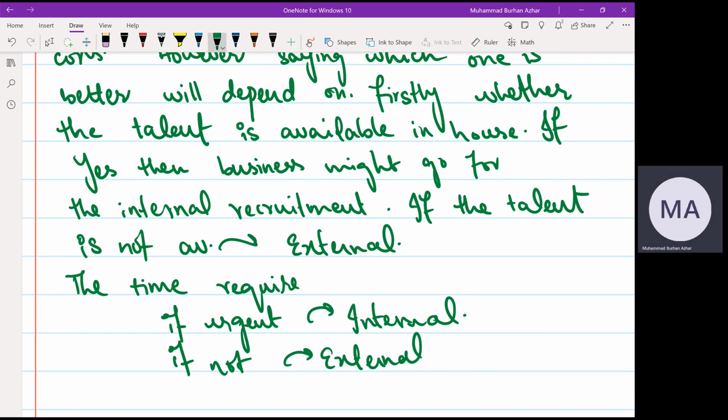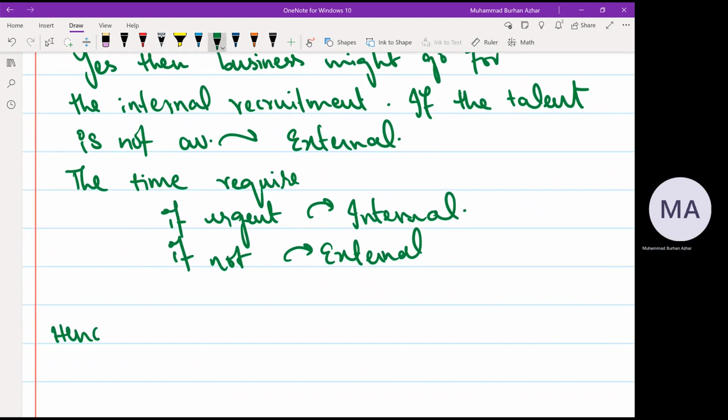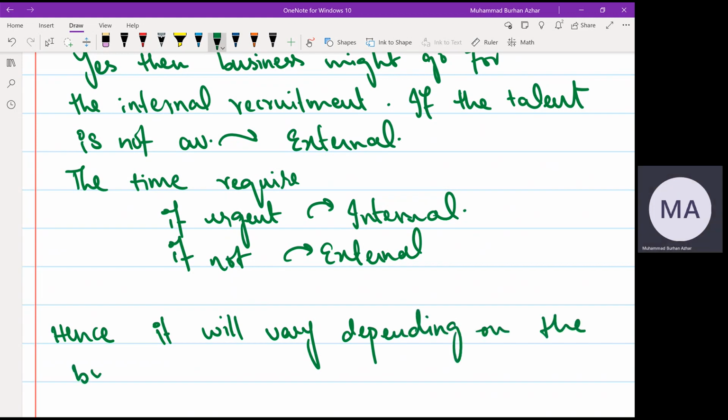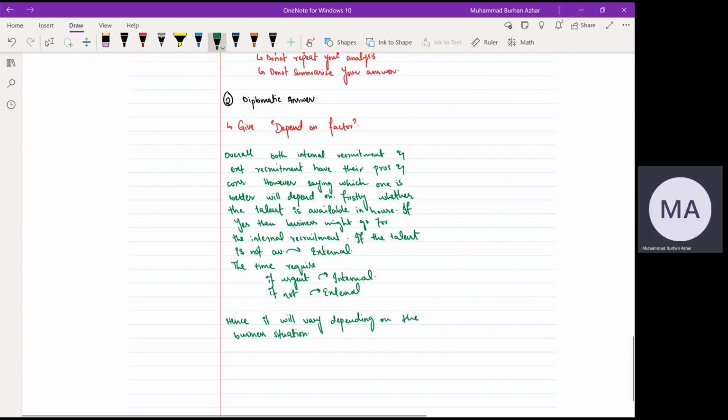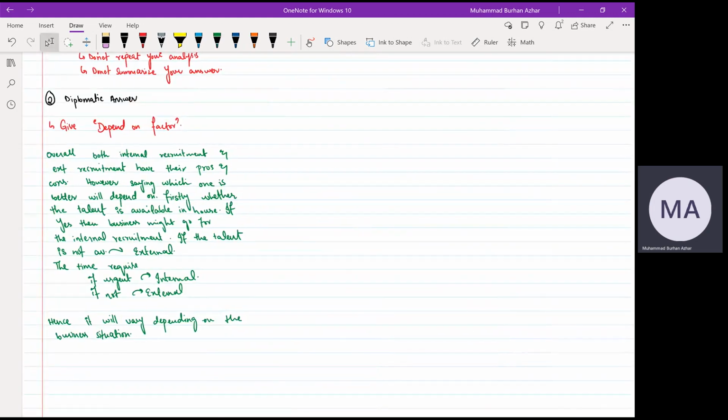And then in the end I'll say okay, hence it will vary depending on the business situation. So यहाँ पे I have given a very diplomatic answer कि I have not chosen anything, but I have said that the decision will depend on something.